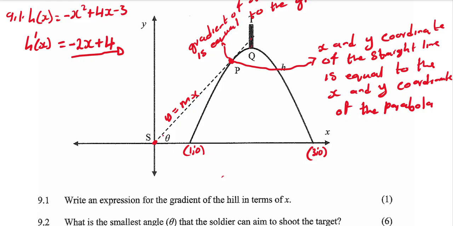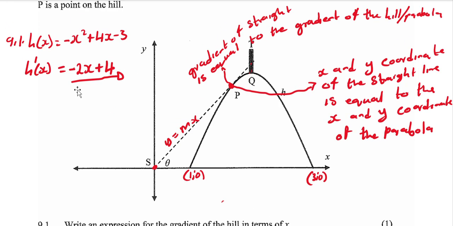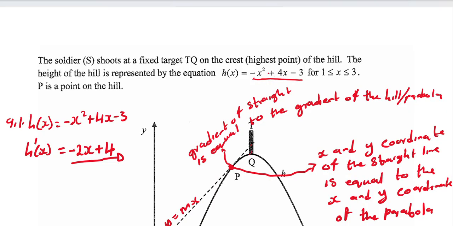Do you see? So first of all, we're going to use this statement where the x and y coordinate of a straight line is equal to the x and y coordinate of a parabola. We're going to come here to our original equation.